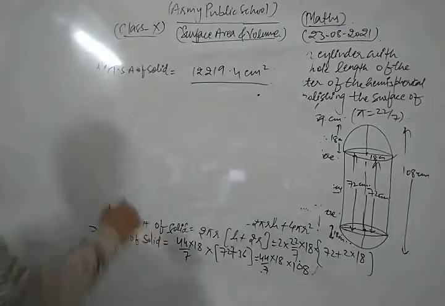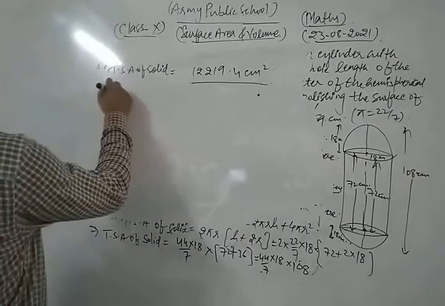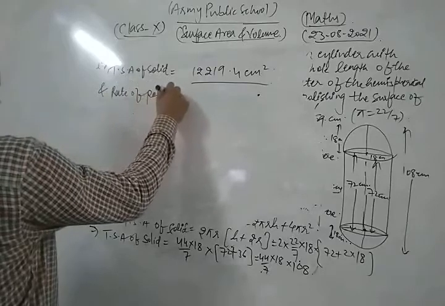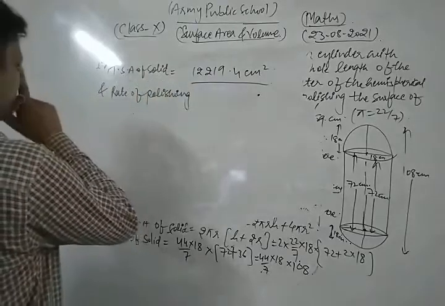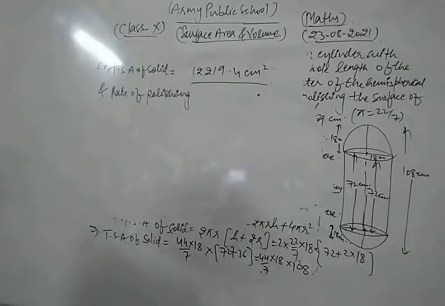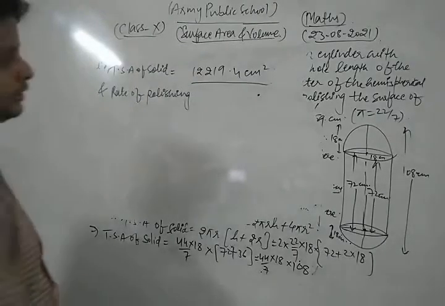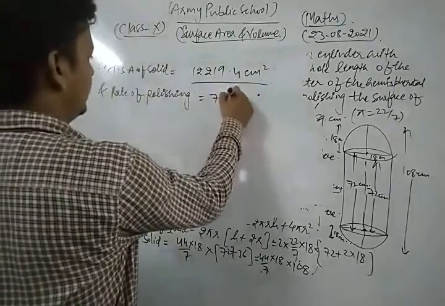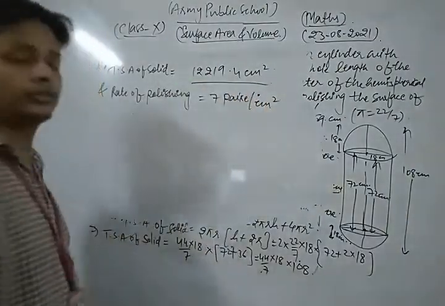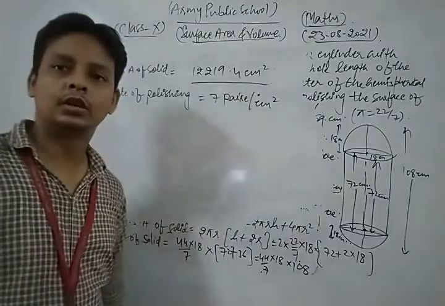Now the rate of polishing is given as 7 paise per centimeter square. First of all, we convert it into rupees.